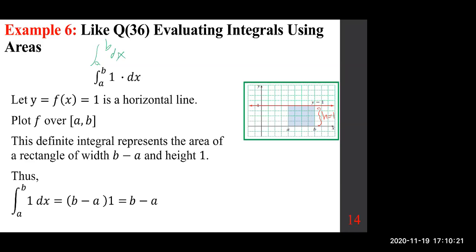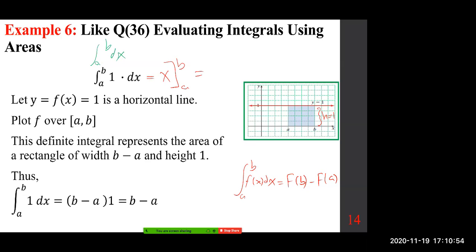Now, since the next section is coming up, I'm going to explain this to you. In the next section, we will look at this idea that the integral from a to b of f of x dx is F of b minus F of a. That means find the antiderivative. For 1 it is x, and I don't need to write the constant because it makes no difference from a to b.